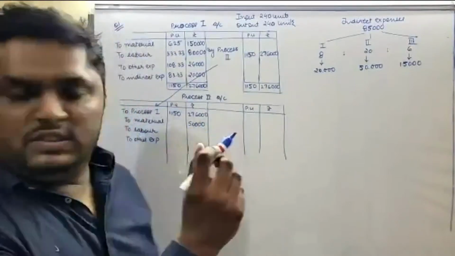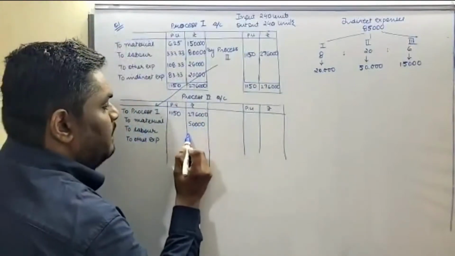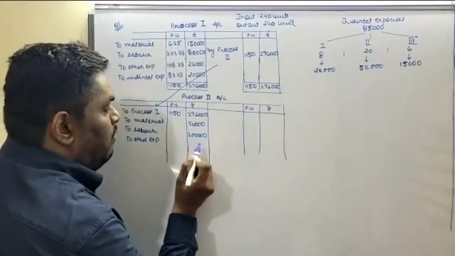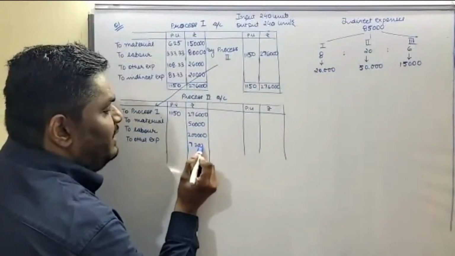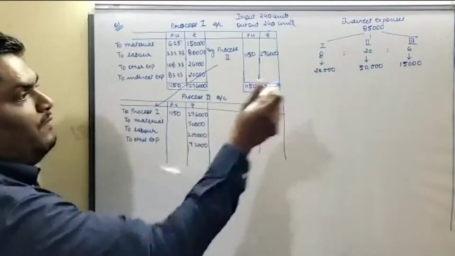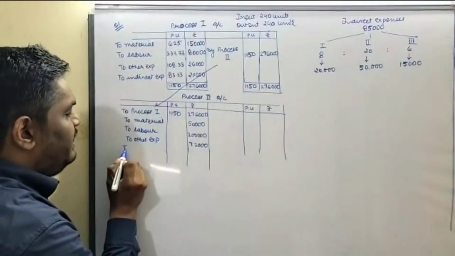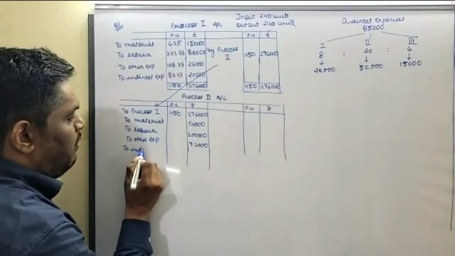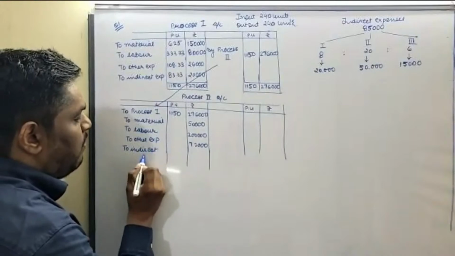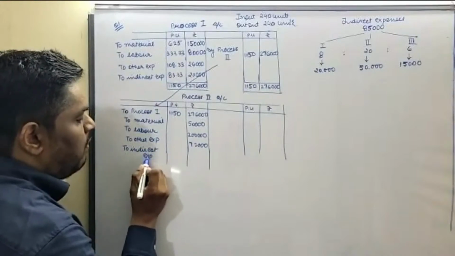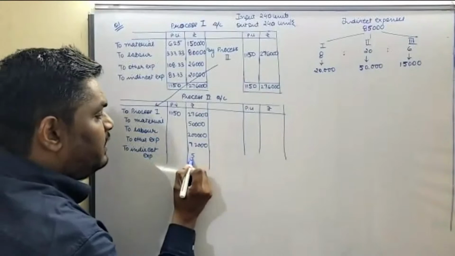My labor cost is 2 lakh. And other expenses are 72,000. Further indirect expenses as calculated are 50,000.